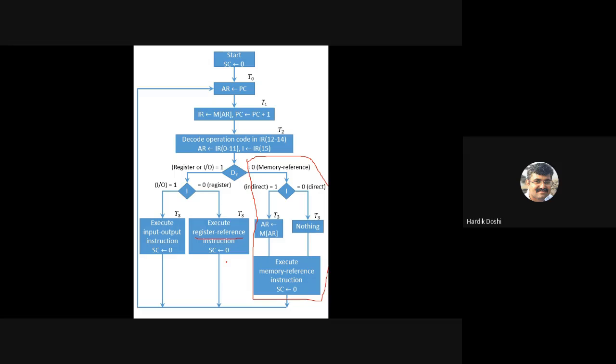In the same way, if D7 is 1, I is 1 and T3 is 1, then IO will be executed. Did you get this general statement? So let's start in detail with register reference instructions.